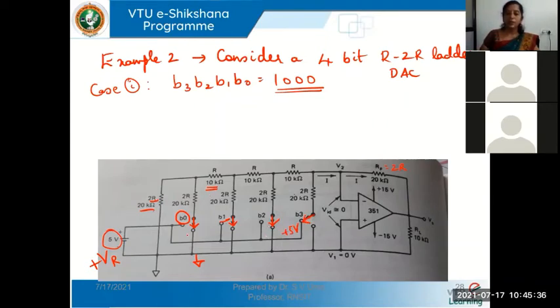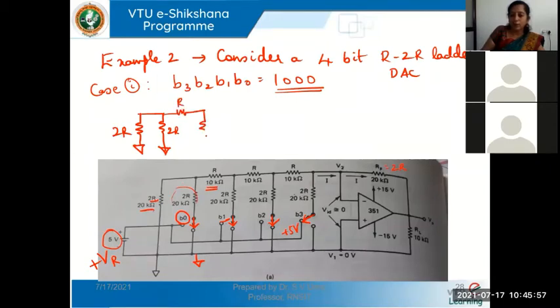Can you reduce this circuit for us now? What will the equivalent circuit look like here? 2R, this last resistor. Then I have another 2R connected to ground, this resistor. Then you have an R. Then you have 2R to ground.